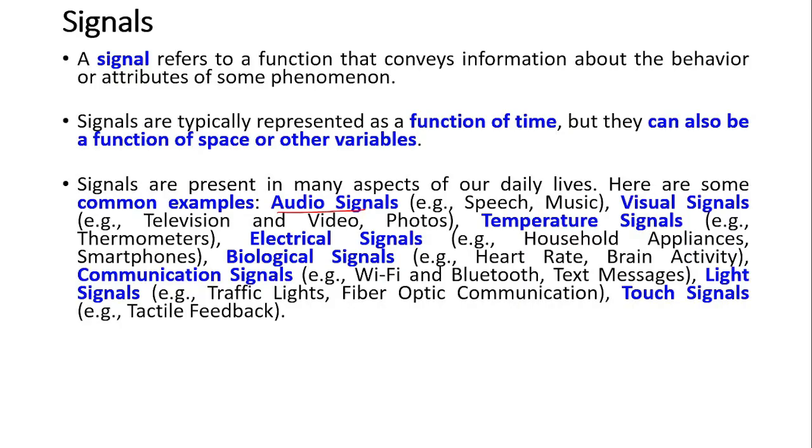So all these things are signals. There are different types of examples, like audio signals, visual signals, temperature signals, electrical signals, then biological signals, then communication signals, light signals, and lastly touch signals.